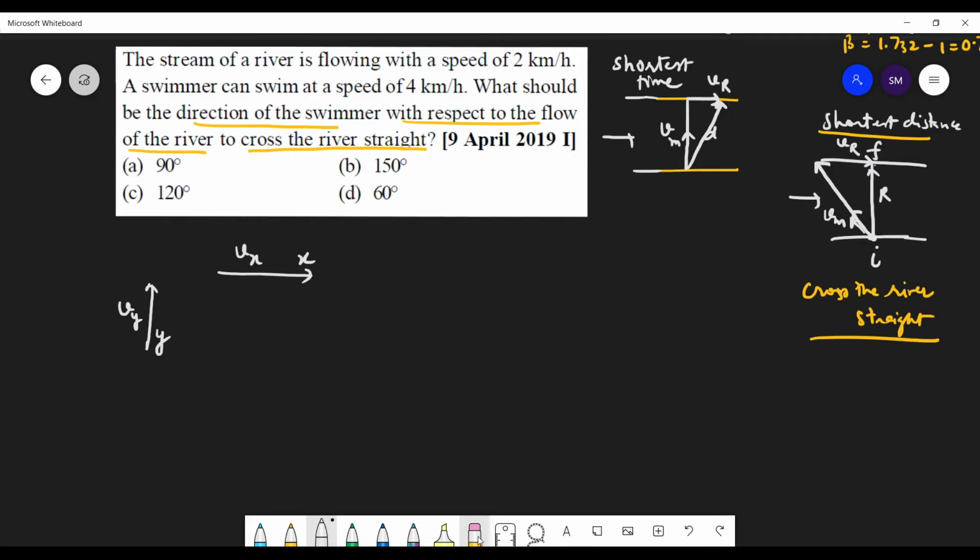So that's your resultant. So this is your path, as I discussed earlier.